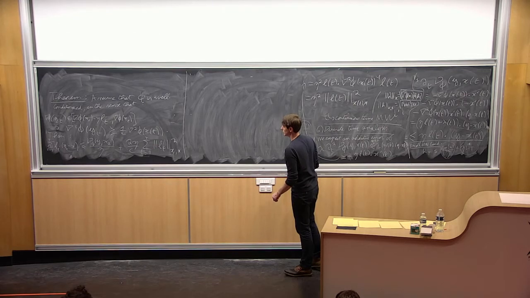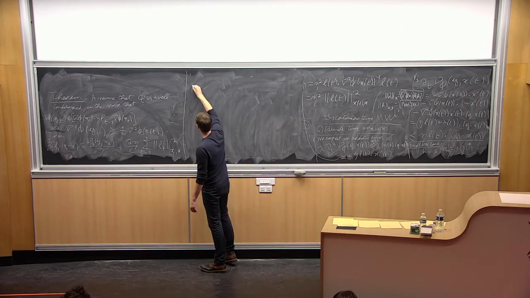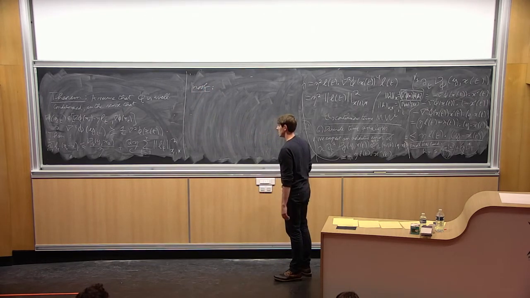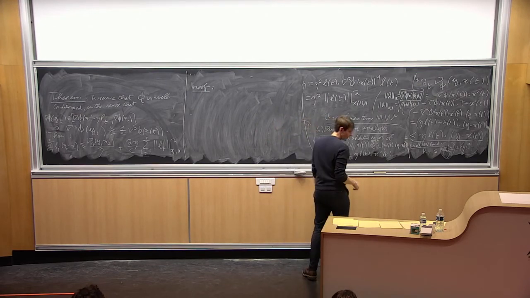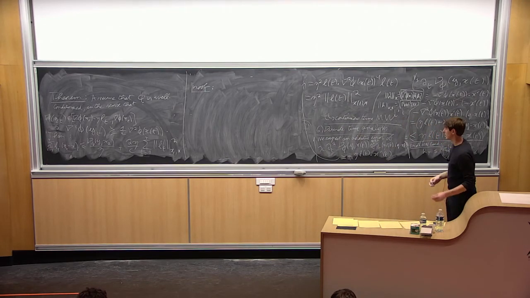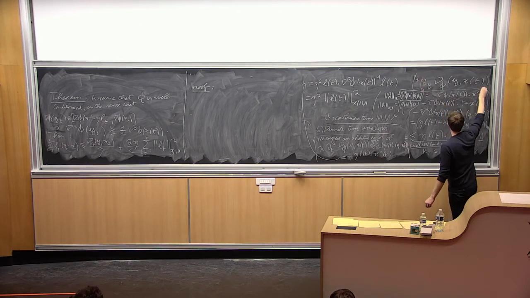So let's do the proof of this theorem. Very likely that I will mess up somewhere, but let's try to do it. Okay, so to not mess up, we have to use a continuous time calculation to inspire us. So let's see. We have this guy.